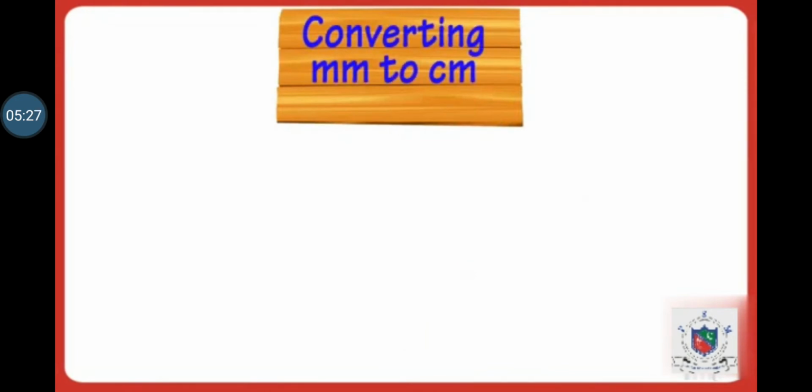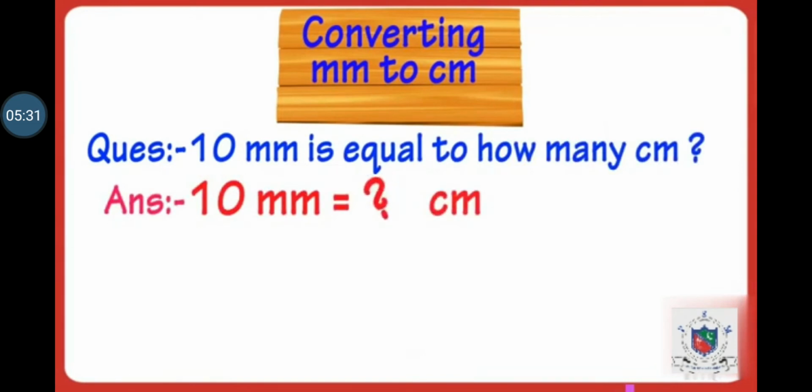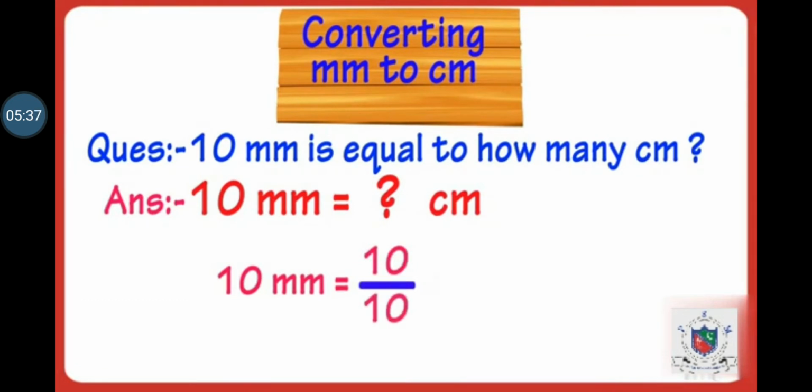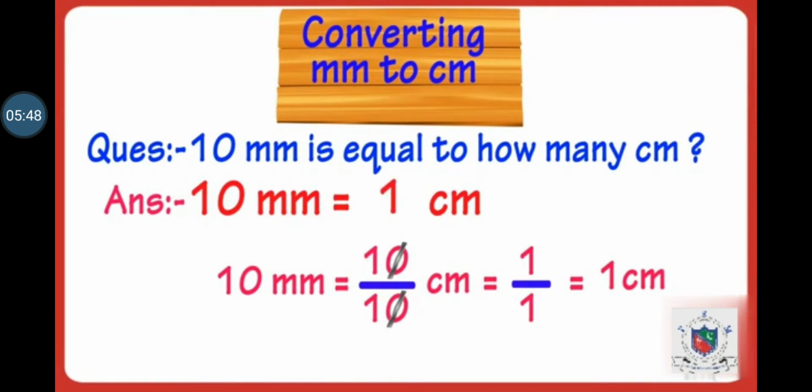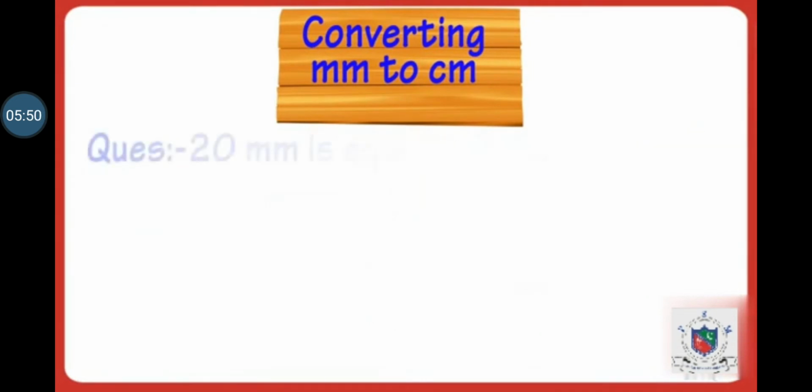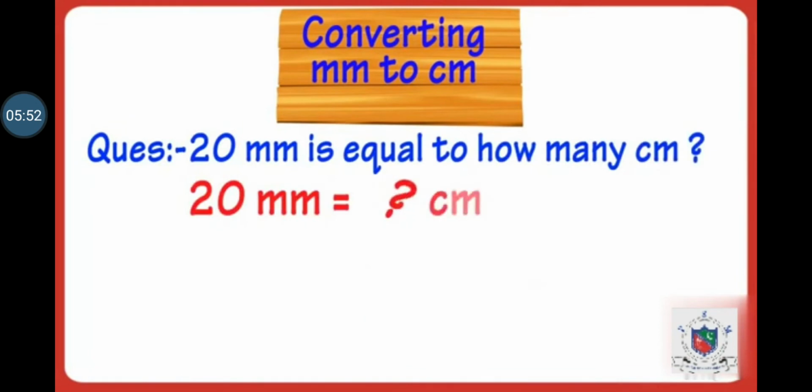And if we are converting the millimeter to centimeters, then always we have to divide. Yes, 10 millimeter is equals to 10 by 10, because in 1 centimeter there are 10 millimeters. So we need to divide it by 10, and it will be equals to 1 centimeter. 20 millimeter is equals to how many centimeters?